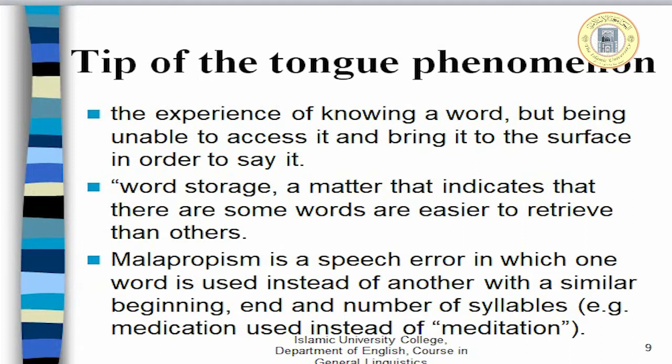So the experience of knowing a word but being unable to access it and bring it to the surface in order to say it is called tip of the tongue.